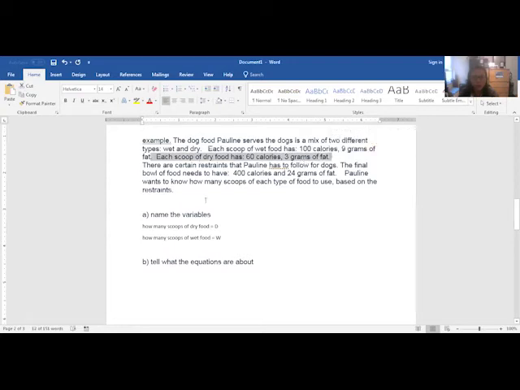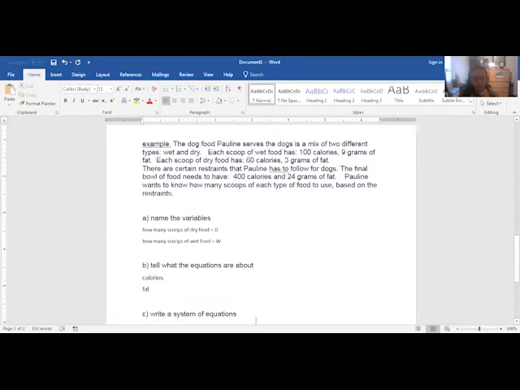Again, we're relating our variable D to calories and fat. There are two equations being talked about here. One equation is about calories, and one equation is about fat. Please notice our last sentence here. The final bowl of food needs to have 400 calories and 24 grams of fat. That is consistent with our two statements here.